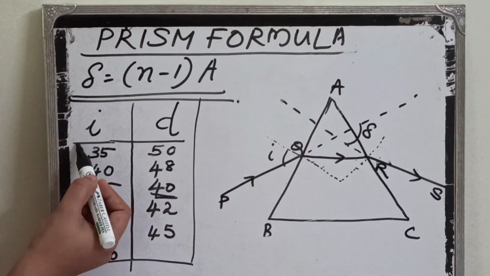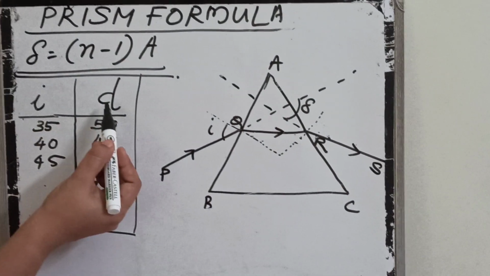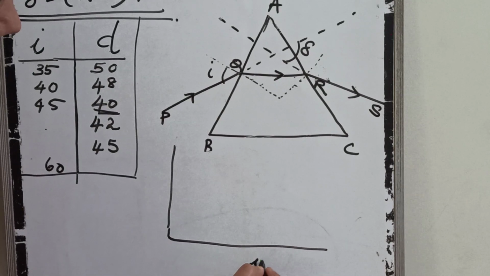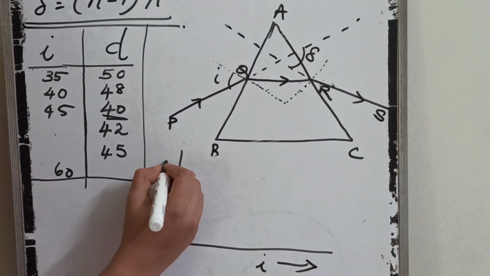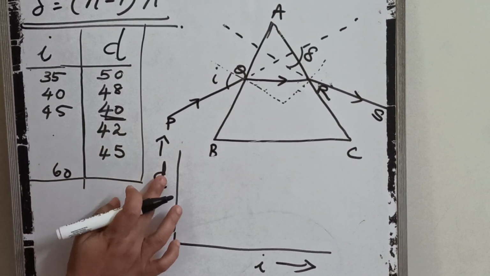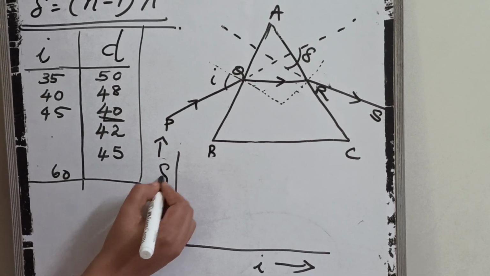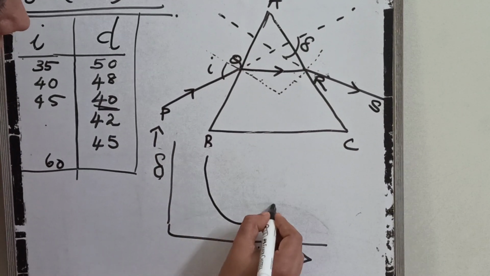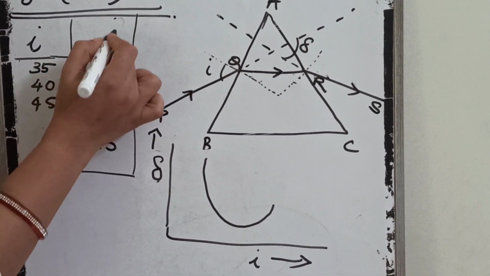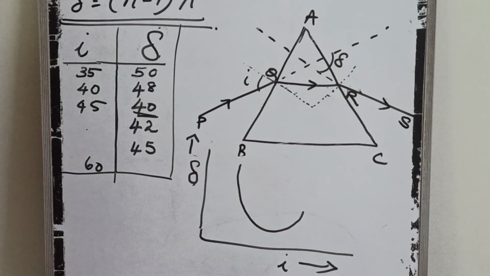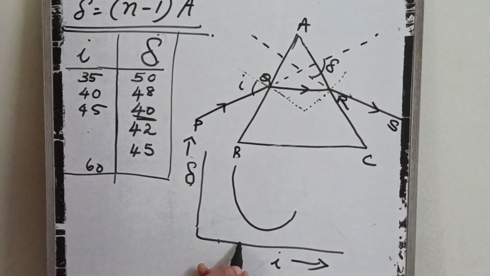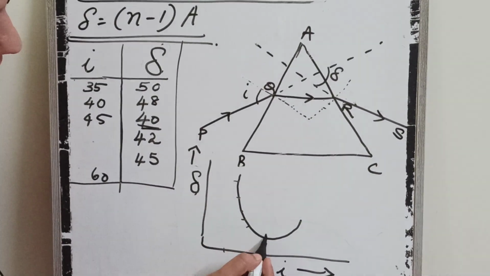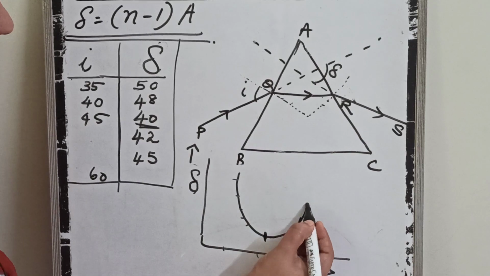So, if you are plotting angle of incidence and angle of deviation in a graph by taking I along the x-axis and D, angle of deviation, delta, along the y-axis, you will get a U-shaped graph. Now, here you can see that the angle of deviation decreases, then it reaches a minimum value and then again it starts increasing.